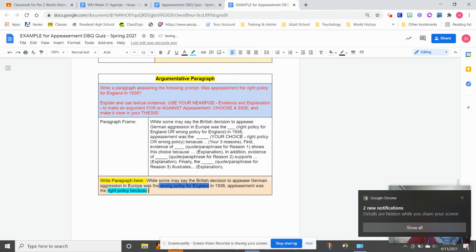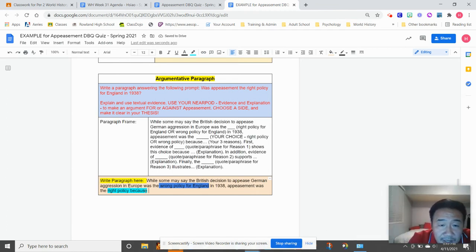because, and you're going to give 3 reasons. Because Great Britain was still able to defend its country and, I guess, distract Hitler to making a mistake, right?